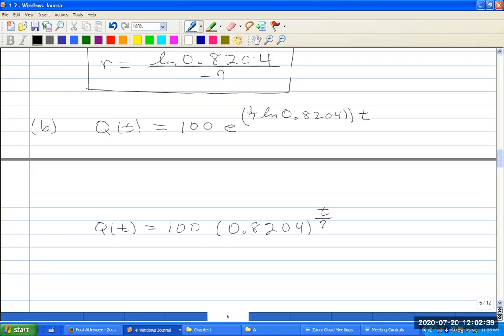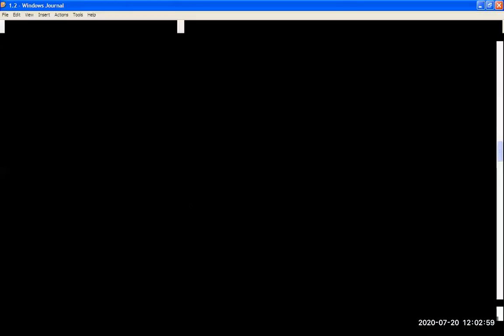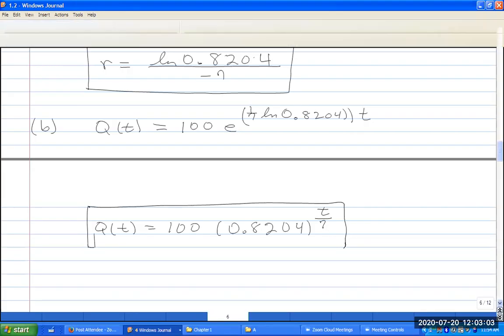This is usually the way they write these type of problems in elementary school, where you have some base to some power. So that's your answer.